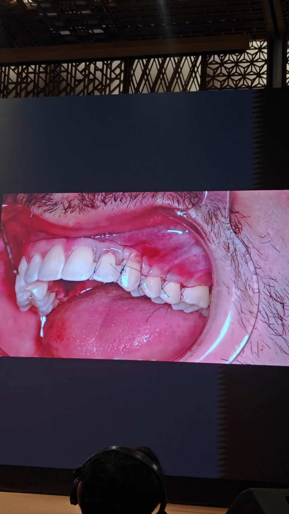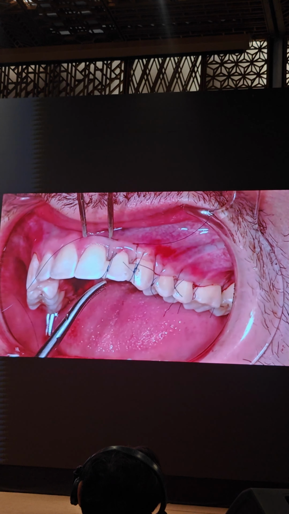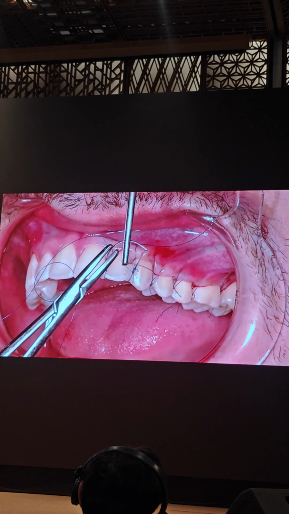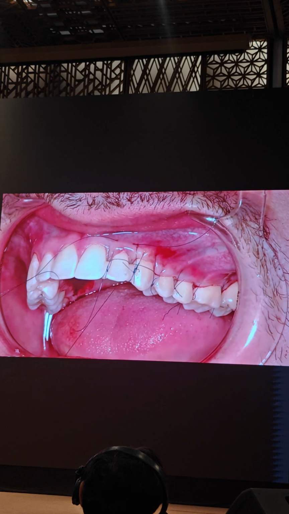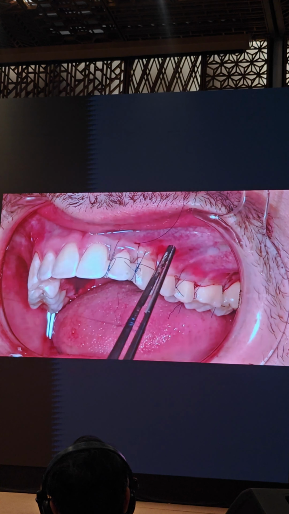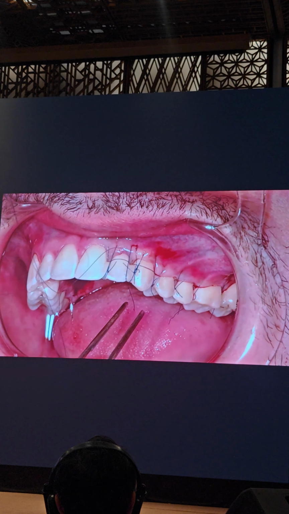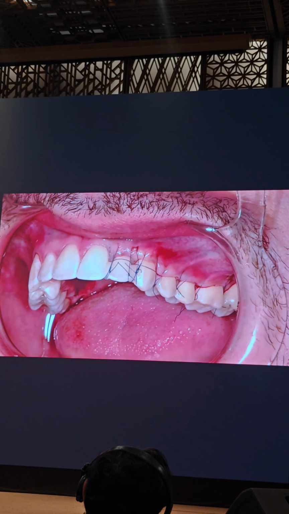I will explain afterwards the reason for each suture. But each suture has a function. Each suture is there to improve the reliability of the procedure and the efficiency of the procedure.